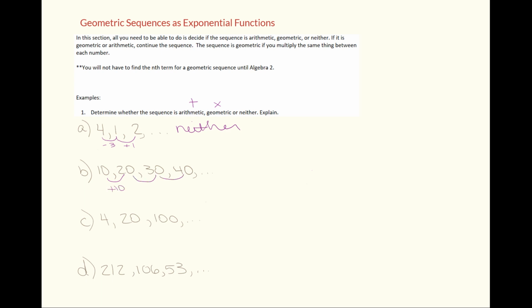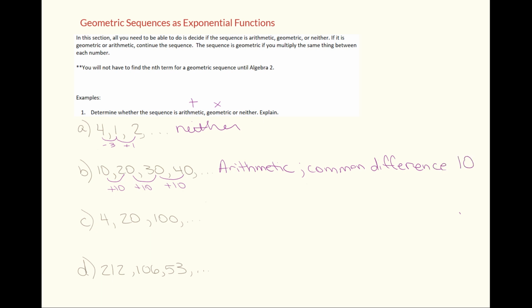So you can see that we're adding 10 each time. So I'm going to say it's arithmetic. And the common difference is what I'm adding between each number. So the common difference is 10.